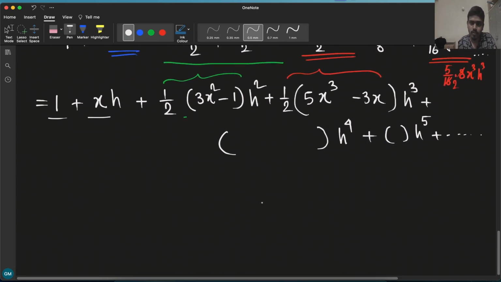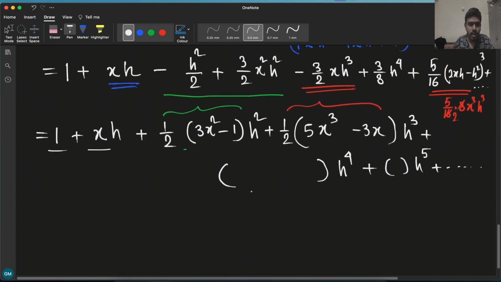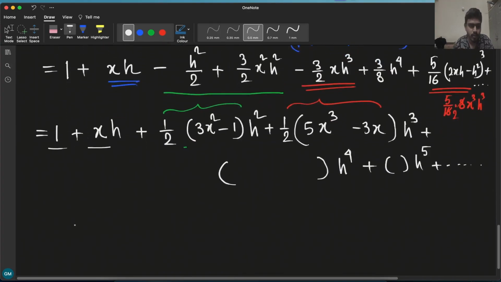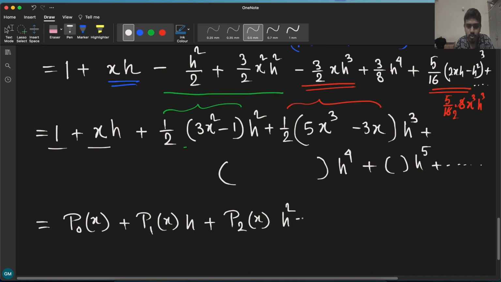This is the constant term. And now if I compare it with this definition, I can claim that I can write it as p0(x) plus p1(x) h plus p2(x) h square plus p3(x) h cube plus dot dot dot.